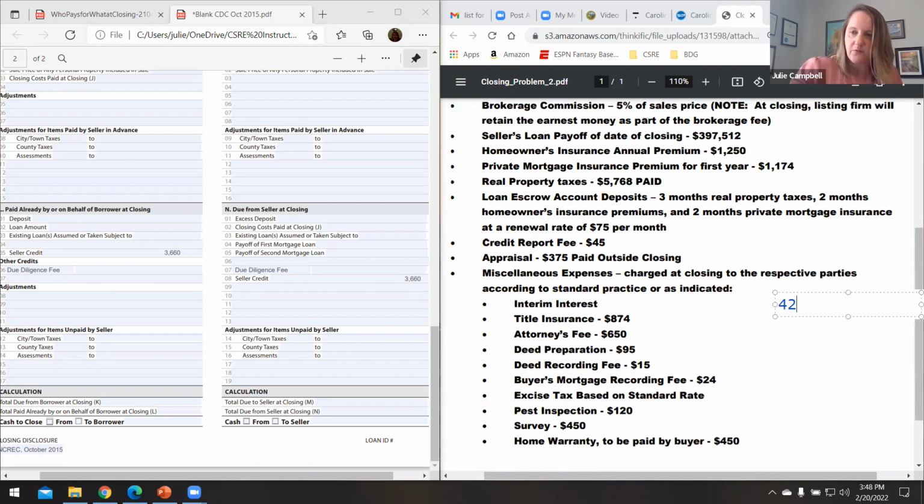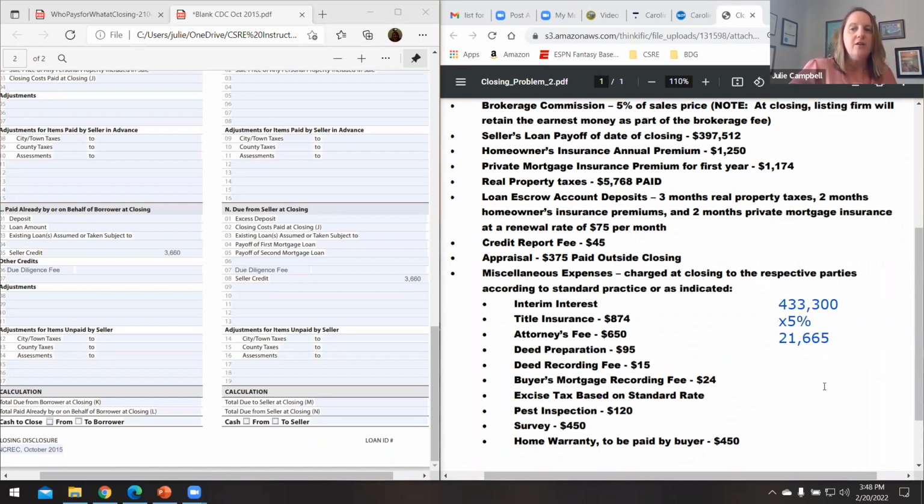So my sales price is $433,300. They're paying 5% commission. So the total commission that we can expect to collect is $21,665. Do I have everybody so far?